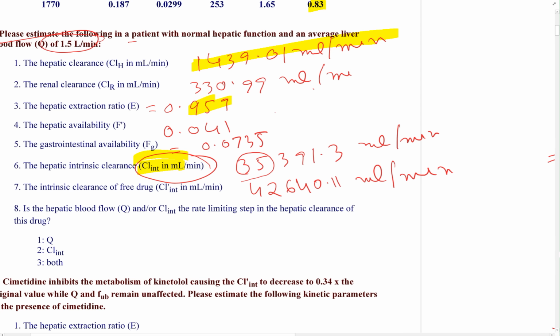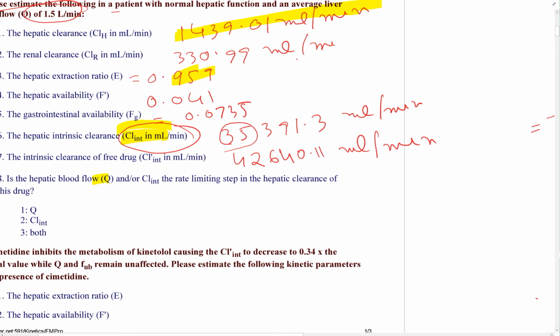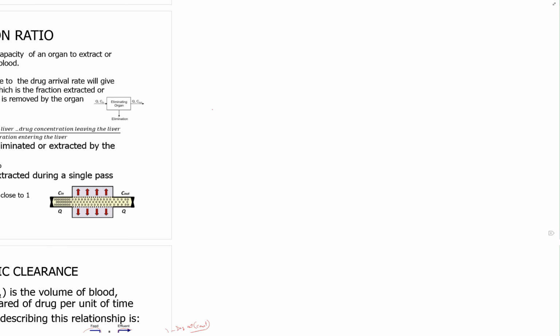When the extraction ratio is very high, the hepatic blood flow, which is Q, is the rate limiting step in the hepatic clearance of this drug. I will explain this later, and I also explained it in my preview video on high extraction ratio drugs. Let's go back to the preview video.